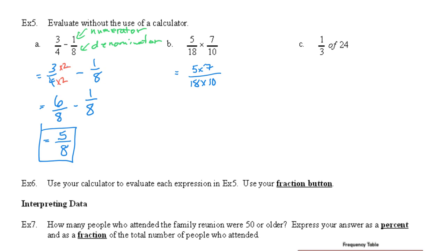to divide stuff that both of them have. In this case, you'll notice that we can divide by 5 from the top. So 5 divided by 5 is 1. And 10 from the bottom can also be divided by 5, and that gives us a 2, which means our final answer is 1 times 7, which gives us 7, over 18 times 2, which is 36.